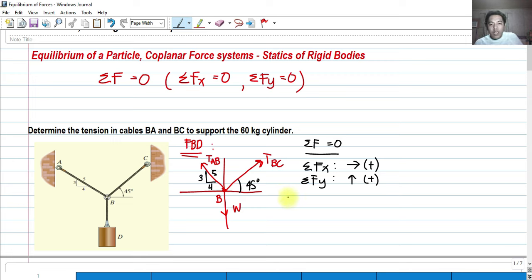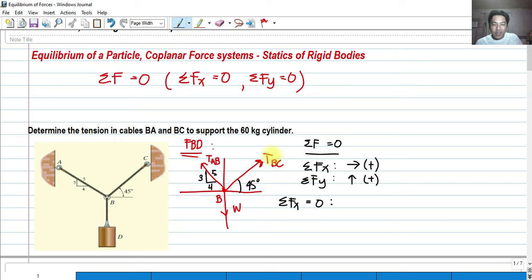So, for summation of forces along x, let's write it all. Summation of forces along x should equal 0. So, we are going to write the summation of forces in the x-axis. Let us first start with TBC, the tension in BC.